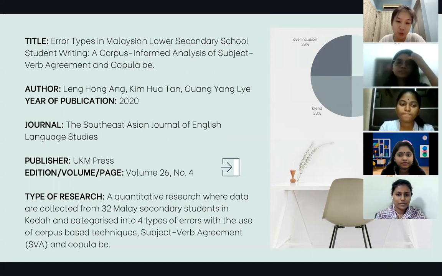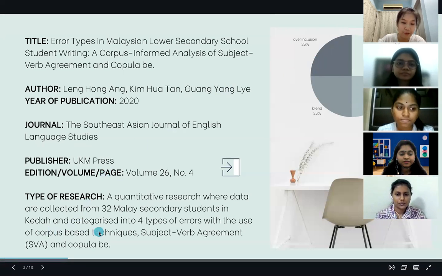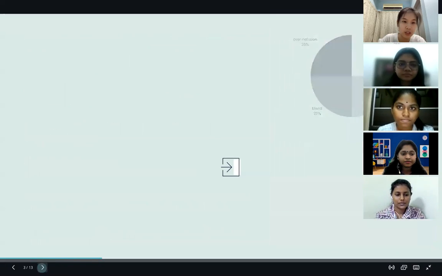The research is quantitative, where data are collected in terms of essays written by 32 Malay secondary students in Kedah, and categorized into 4 types of error, namely misselection, omission, blend, and over-inclusion, with the use of a corpus-based technique, subject-verb agreement, known as SVA, and Copula BE. With this, I will then pass to my friend to explain the following.